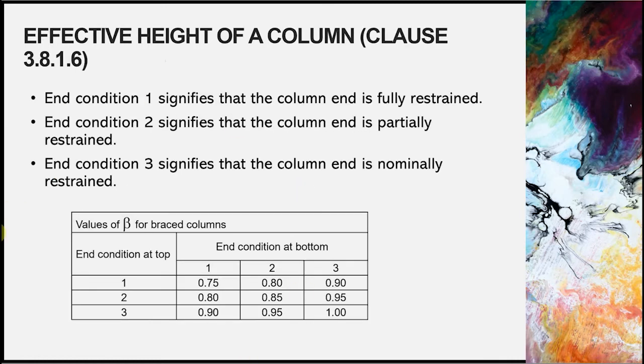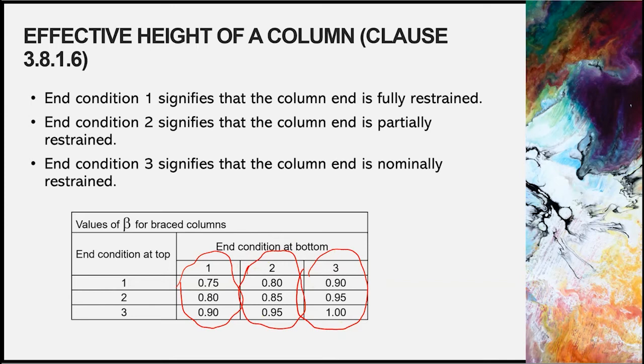We look at here, and condition 1 signifies that the column is fully restrained. The second one adalah partially restrained, and the third one adalah nominally restrained, maksudnya restrain yang paling kurang lah.